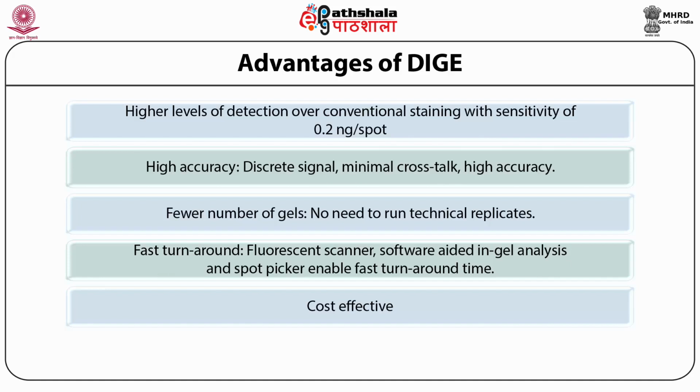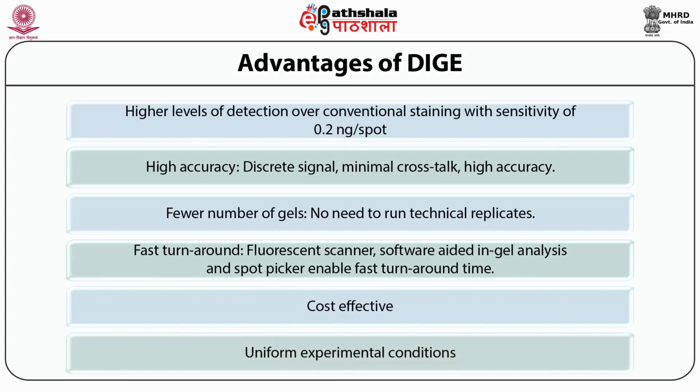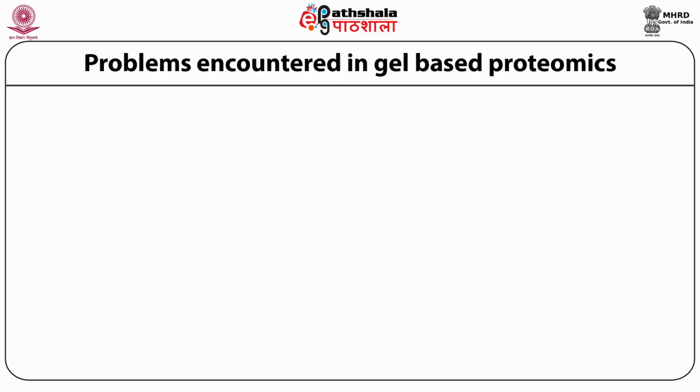And last and the most important is that all the proteins from any of the samples are subjected to the same experimental conditions. Even though we see colorful pictures and data from the DIGE technique, there are certain problems that are encountered with gel-based proteomics.